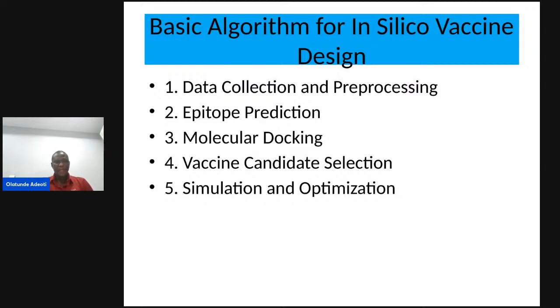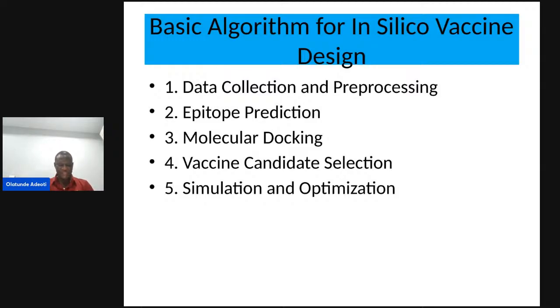Okay. Now, summarily, I've told you that we are going to start. Once you have made up your mind, you start. The next one is that you collect data, and that is the pathogen genome. You must have access to the whole genome of that pathogen.